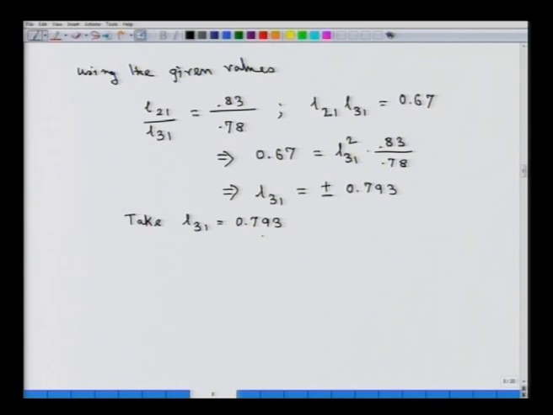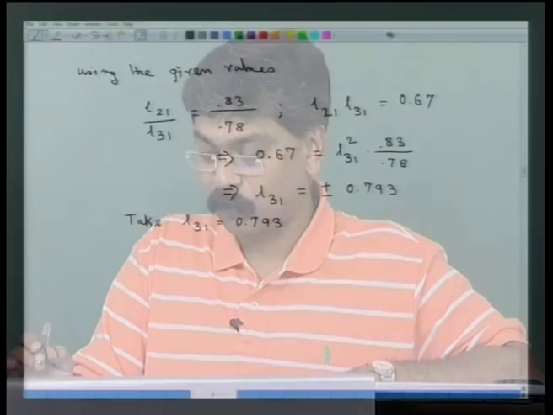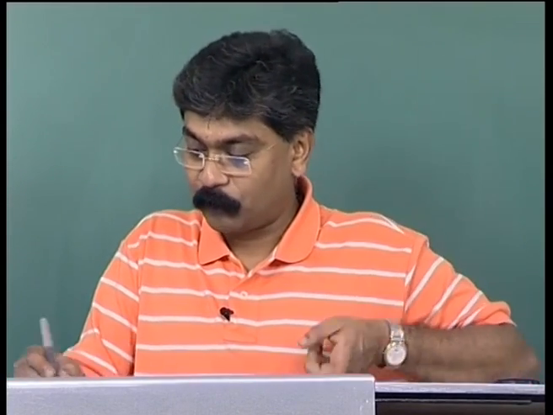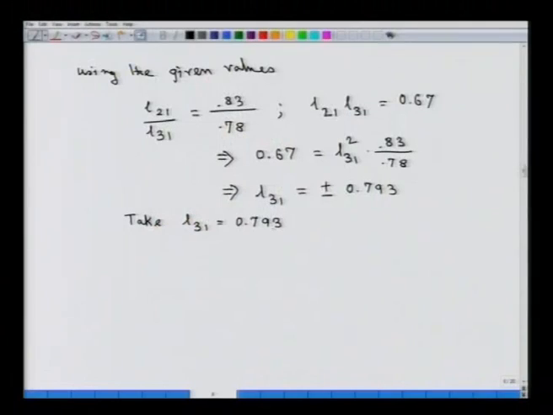After this example we are going to answer the question of whether the loading matrix is unique or not. As we will see, when a particular M factor model holds for X, the loading matrix is not going to be unique. So we take one of the two values, suppose the positive value, L31 equal to 0.793.